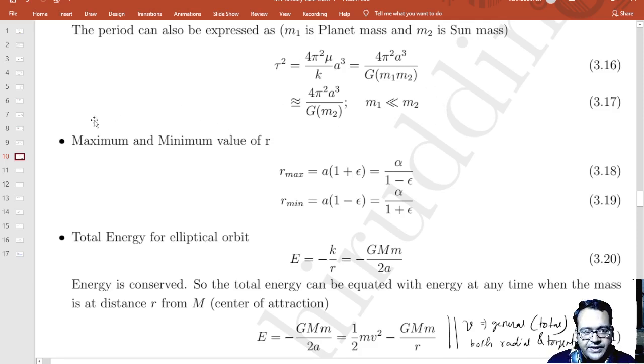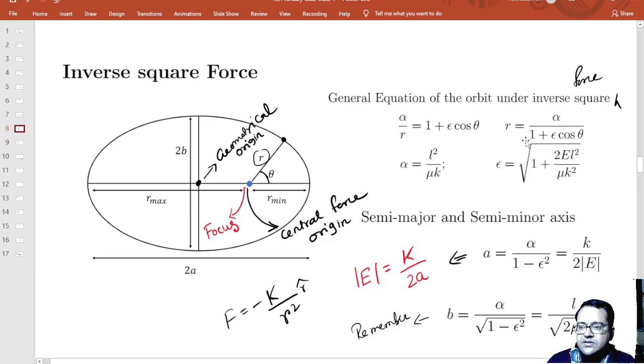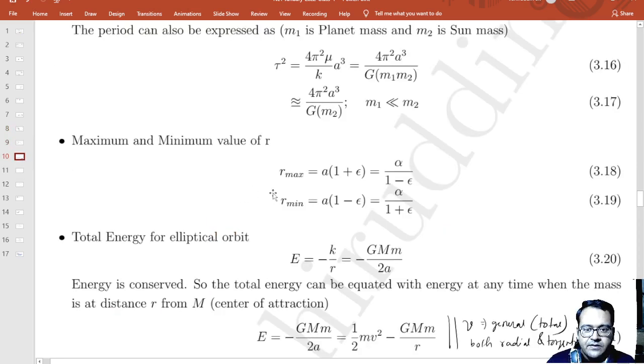Here the maximum and minimum values of r are of very much importance. This can be shown from this equation: the maximum value of r is alpha by 1 minus e, as the denominator should be small, and the minimum value of r is alpha by 1 plus e, because the maximum and minimum values of cos theta are plus 1 or minus 1.